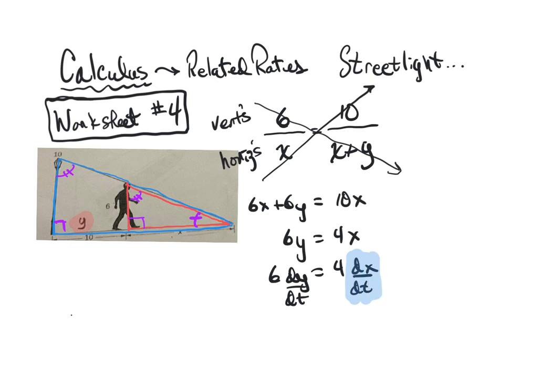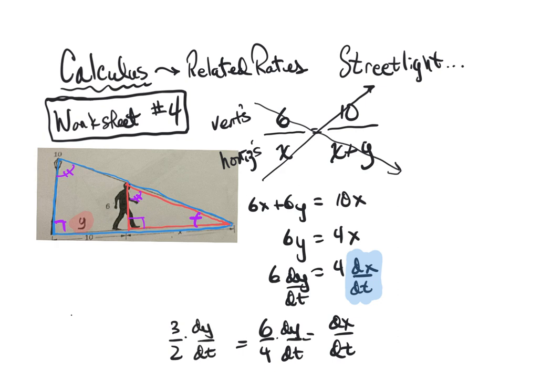This is the derivative that we're trying to get by itself. How do you get that one by itself? We just simply have to move the 4 to the other side. So dx/dt is going to be equal to 6 divided by 4 times dy/dt. I'll cancel a 2 top and bottom, so 6 over 4 reduces to 3 halves dy/dt. And so here then is our rate formula.